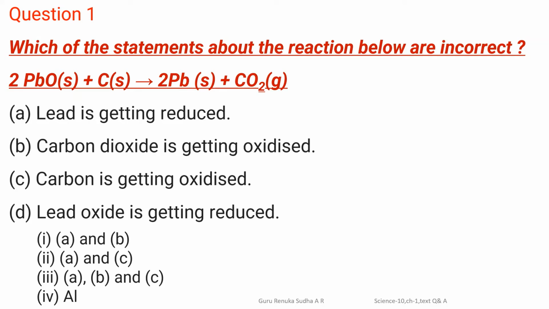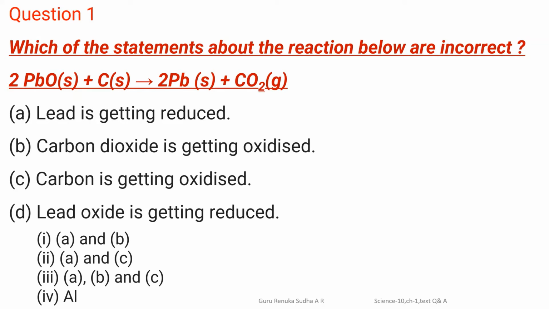Observe, while balancing the equation, we notice the number of atoms on the left hand side and right hand side. They should be equal, based on the law of conservation of mass. So which one is incorrect? Lead is not going to reduce, because 2 atoms of lead are there on the reactant side and 2 atoms of lead on the product side.